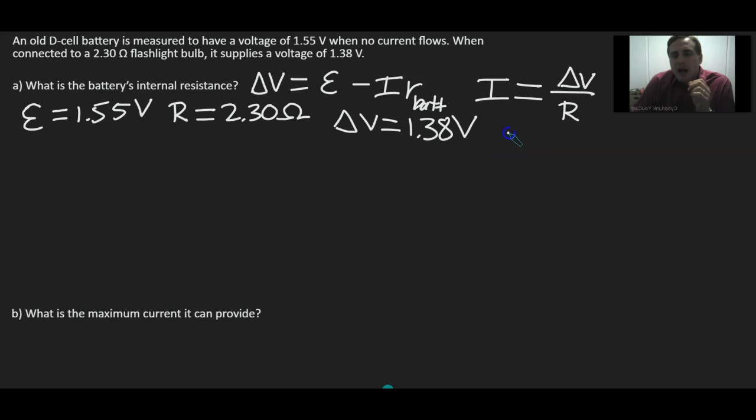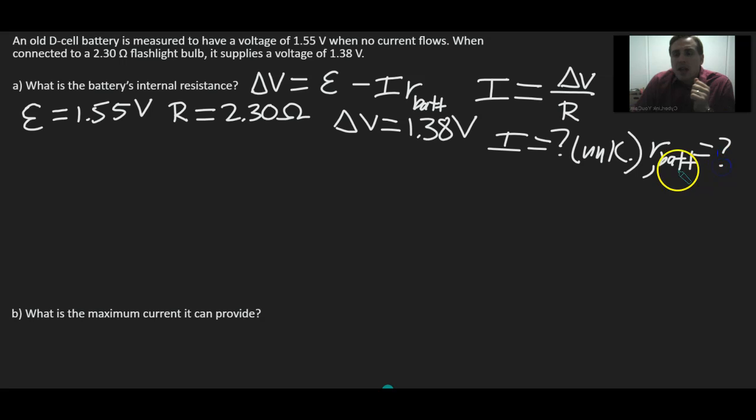But notice that I is unknown, but we also do not know the battery's internal resistance. Now this is really what we want to find. We really want to find the internal resistance of the battery. We're not asked to find the current in the circuit.